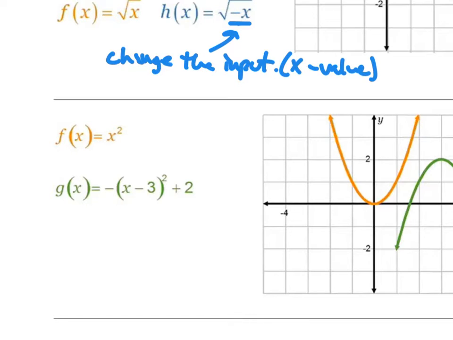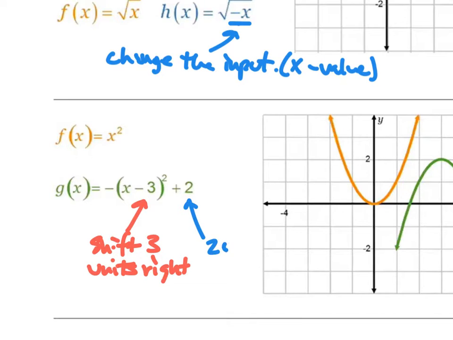All right, same thing kind of down here, so we can put all these things together. You've got this original function, f of x is equal to x squared. There's our parent function. Now if I have this negative 3, that means that we shift 3 units right, and then 2 units up, and we did that in the last one.